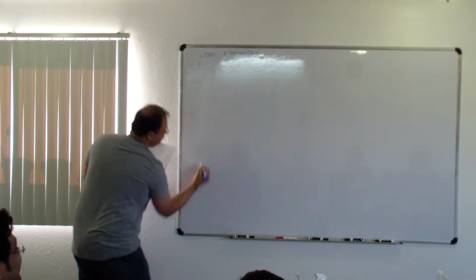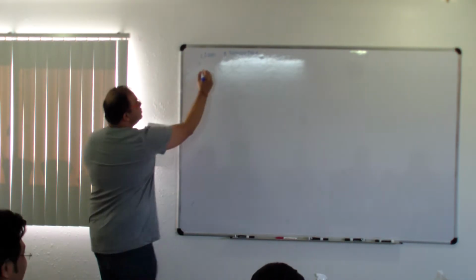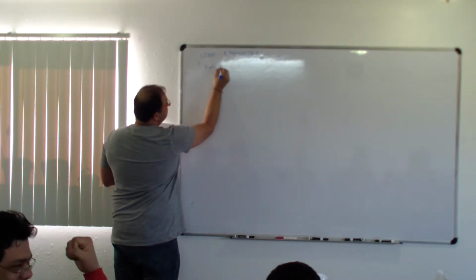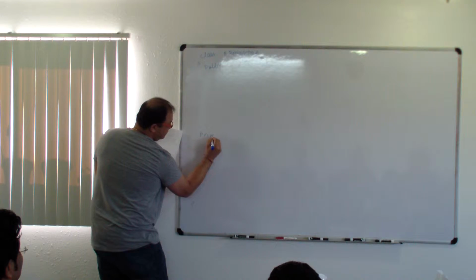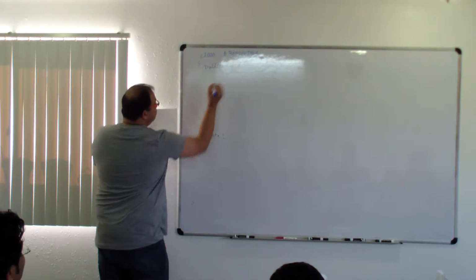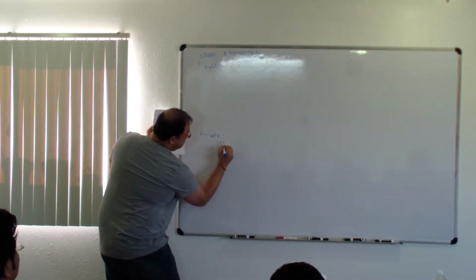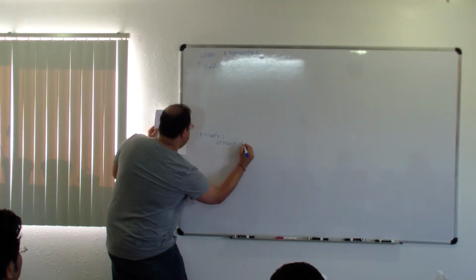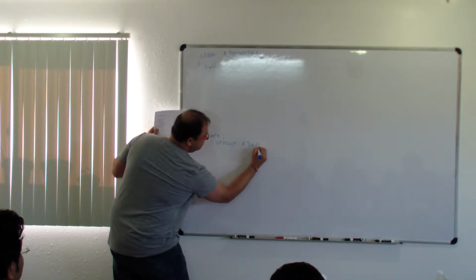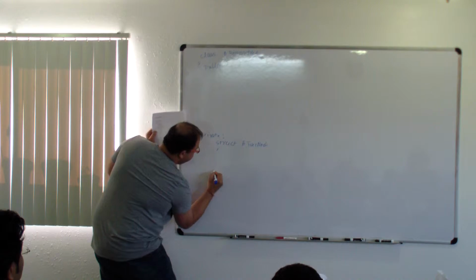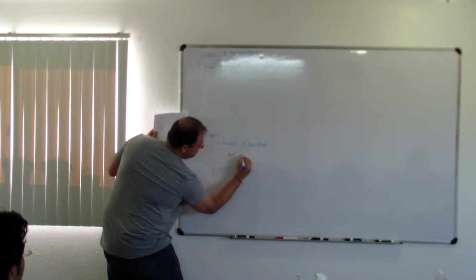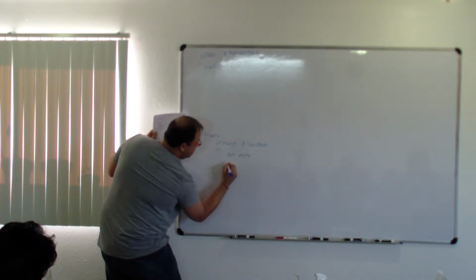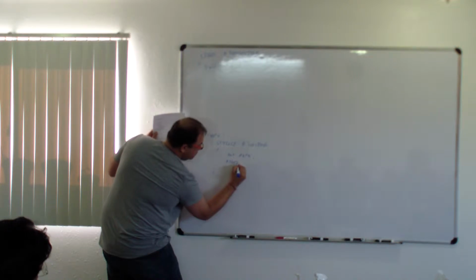A binary tree. Okay, so you write public and private. And struct a tree node, which had an integer data and a tree node pointer.